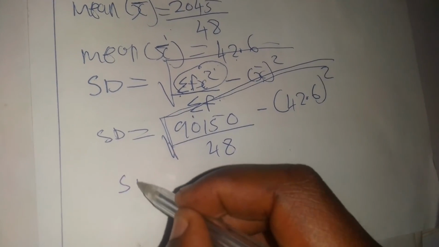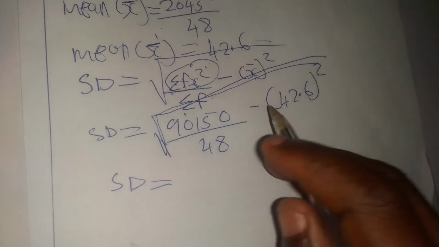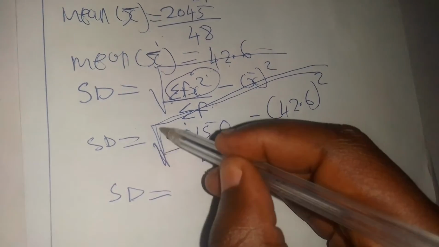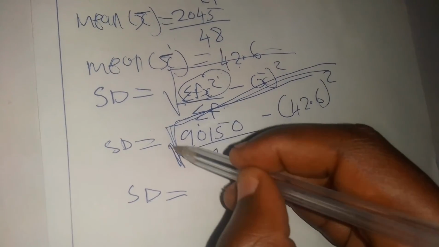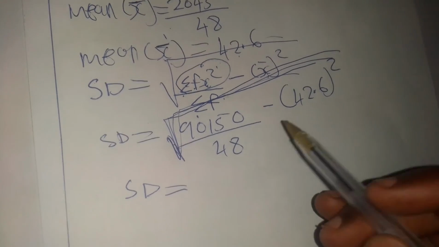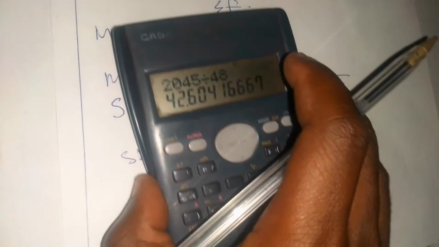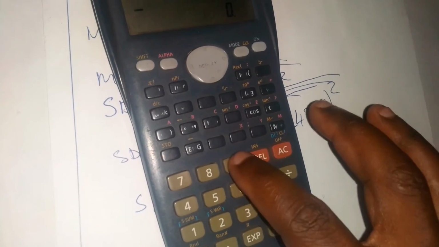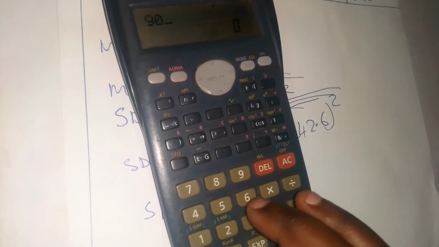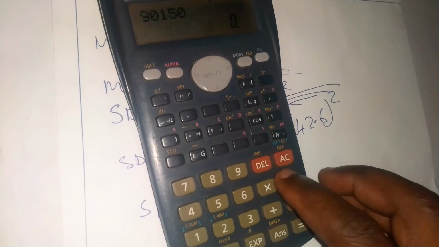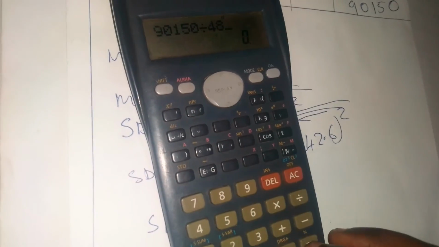Sorry for my bad presentation there. Then SD, this is a square root. So we say 9150 divided by 48.